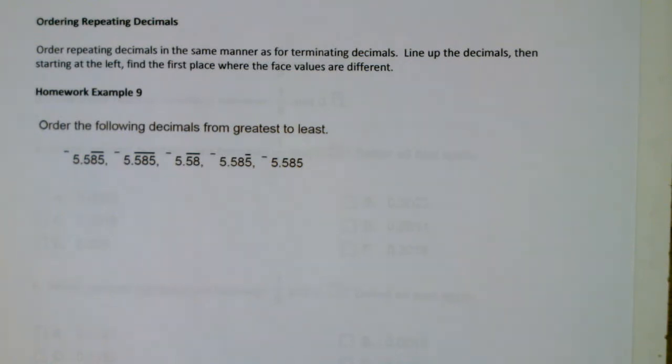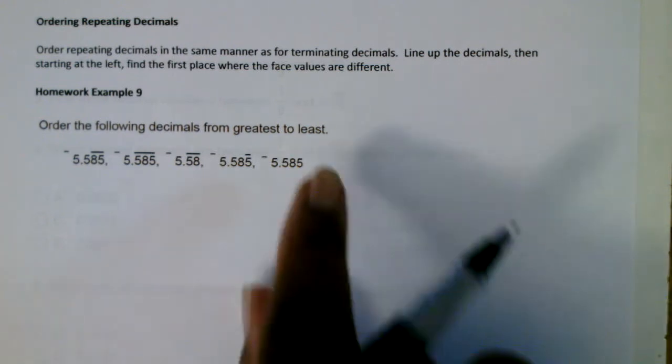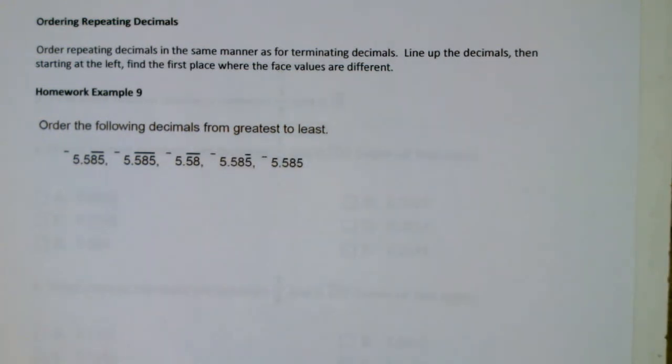And I gave you negative numbers here. So if you recall in the last video, when you're trying to order decimals with negative numbers in them, I would ignore the negative signs and then order from, in this case, least to greatest. I say that because you want to select the number that's closest to 0. The one that's closest to 0 is the greatest. The one that's farthest from 0 is the least.